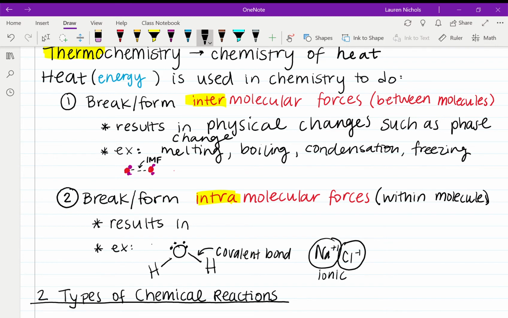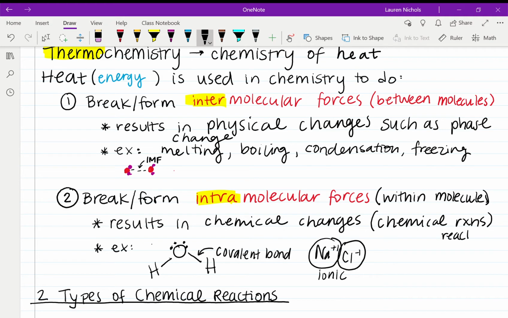They're inside the molecule. Now, breaking existing bonds, covalent bonds or ionic bonds, and forming new ones results in chemical changes. Remember, all chemical changes are also chemical reactions, which I abbreviate as RXNs frequently, so you're going to need to know that abbreviation.